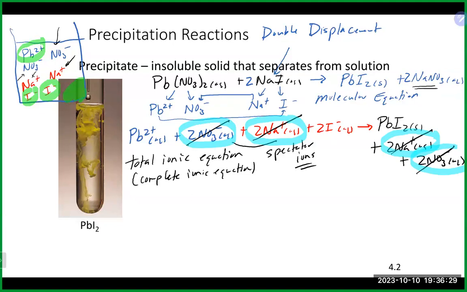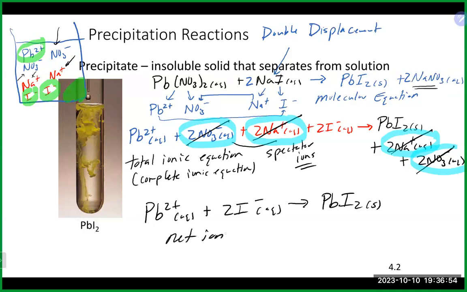And at this point, what we are left with is a third type of equation, which is really describing what is happening in this reaction. So in this case, that's the lead 2 finds the couple of iodides that are floating around in my solution to make my PbI2 solid. And this is what is referred to as the net ionic equation.